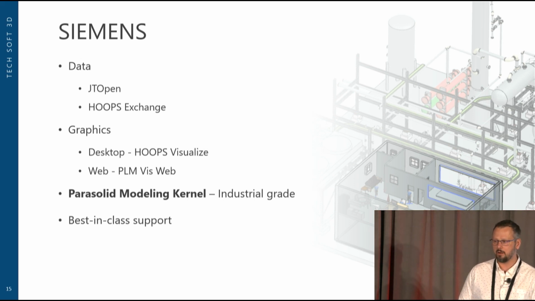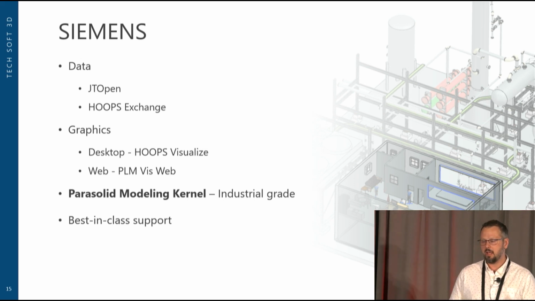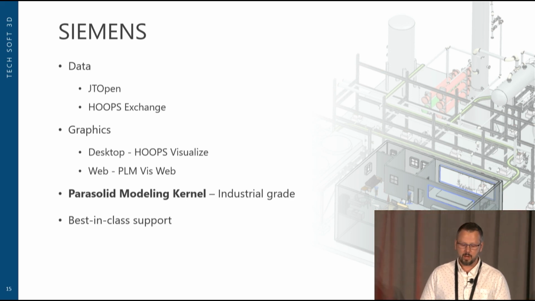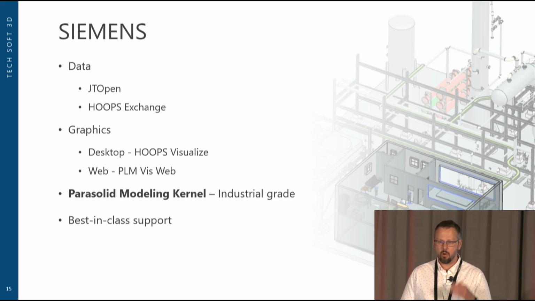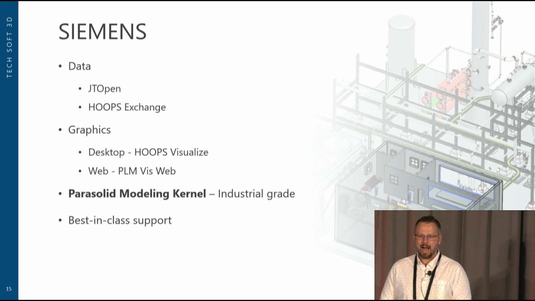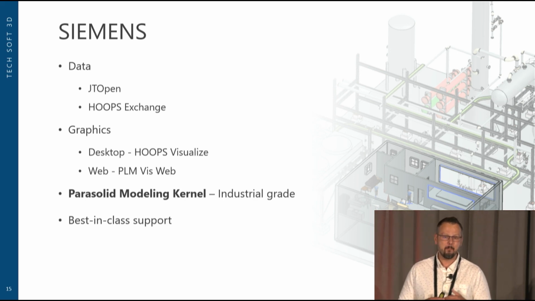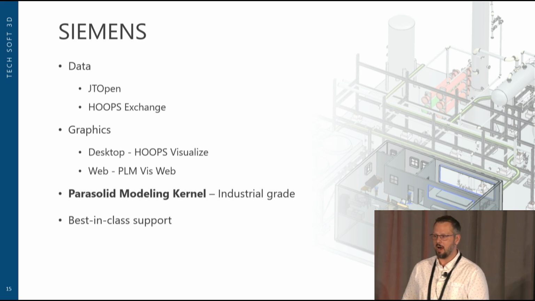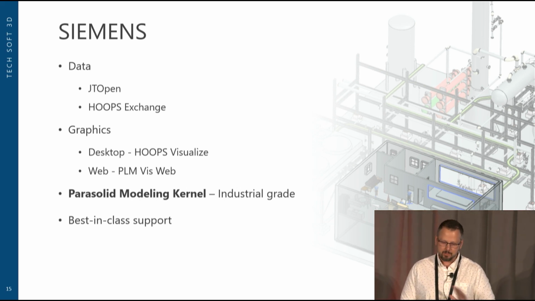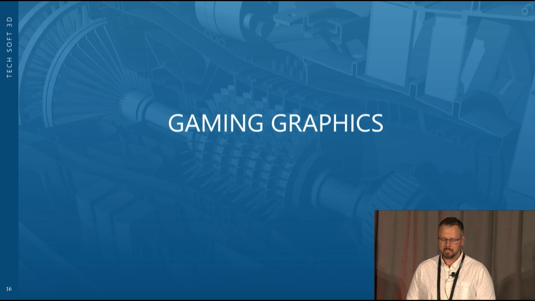ZWCAD, a big competitor of AutoCAD, uses it for their modeling as well. If you need to go above and beyond just some simple modeling functions, it's really the recommended way of doing that. I like them particularly because their support department is amazingly fast, responsive, and well-informed. Just absolutely love working with Siemens.